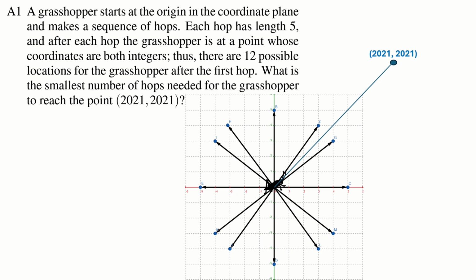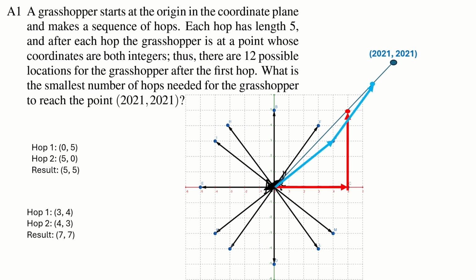If we take a (0, 5) hop and then a (5, 0) hop, we end up traveling to the point (5, 5) in 2 hops. But if we take a (3, 4) and then a (4, 3) hop, we get to the point (7, 7) in 2 hops. It seems like alternating (3, 4) and (4, 3) is going to be the fastest way to get to (2021, 2021), because the vectors for those hops are closest to the direction we need to go.